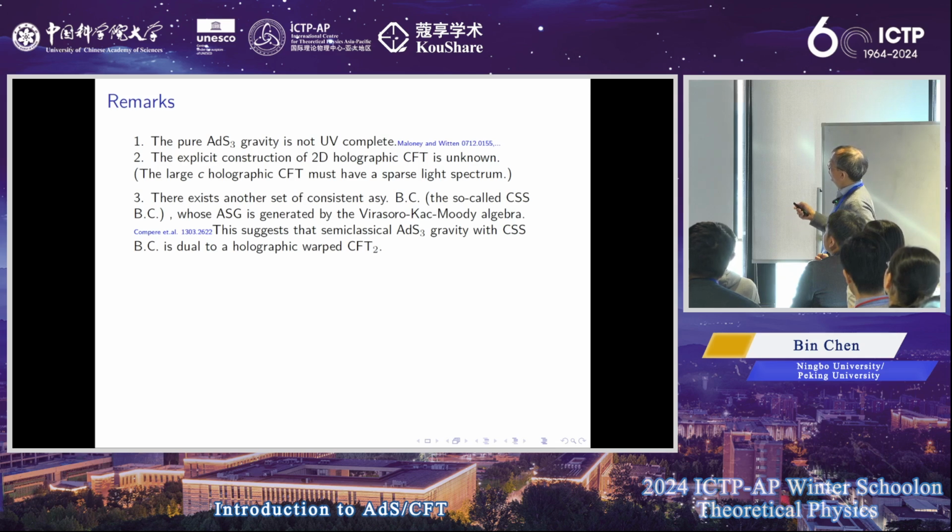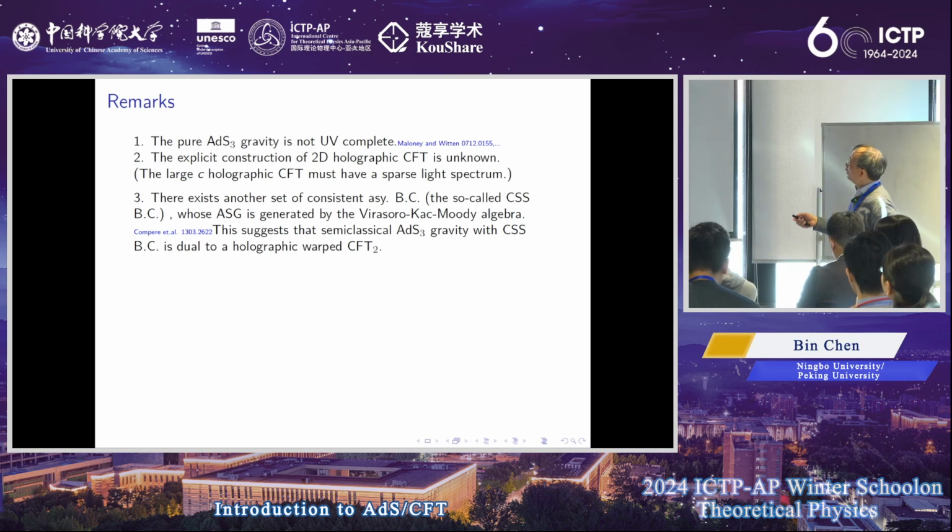They called this the CSS boundary condition more than 10 years ago. With this consistent asymptotic boundary condition, the ASG is now generated by the Virasoro-Kac-Moody algebra. It's not two copies of the Virasoro algebra. It's a Virasoro algebra and a Kac-Moody algebra, which is a U(1) current.